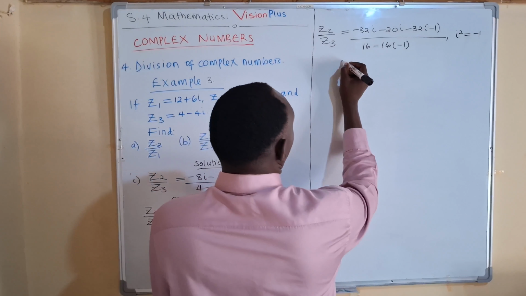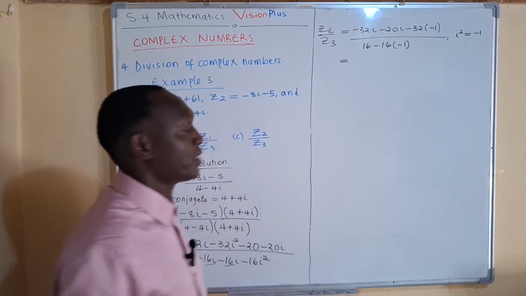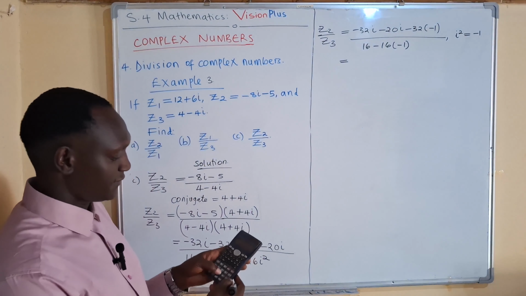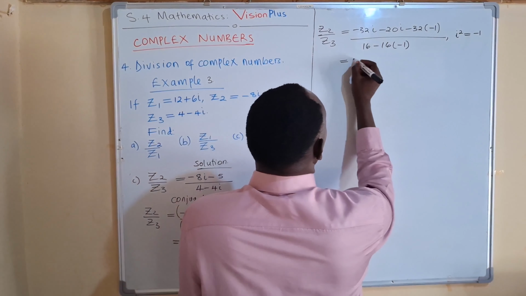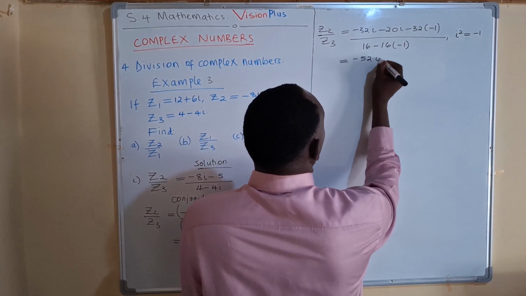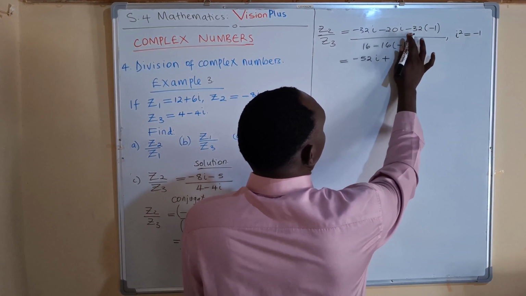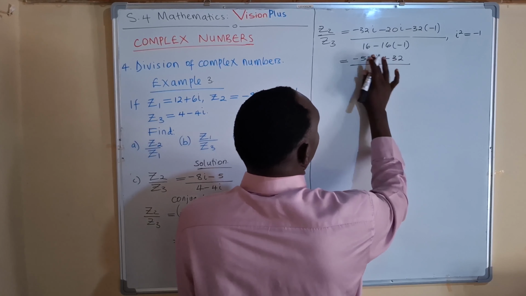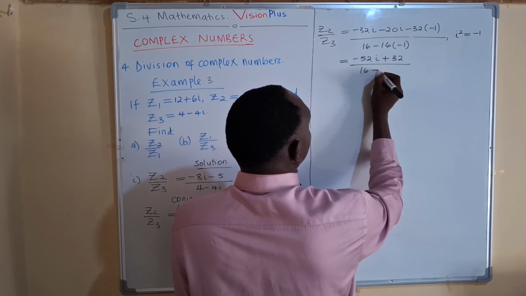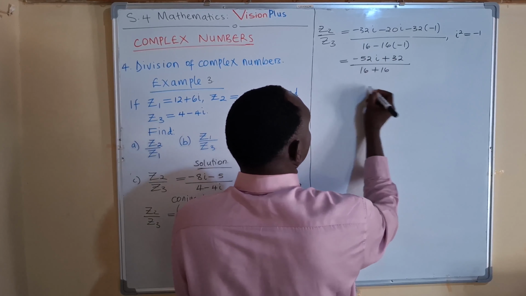Then further simplify. What is negative 32i minus 20i? Just say negative 32 minus 20, you get negative 52i, plus, because negative 32 times negative 1 is positive 32, out of 16. Negative 16 times negative 1 is positive 16.